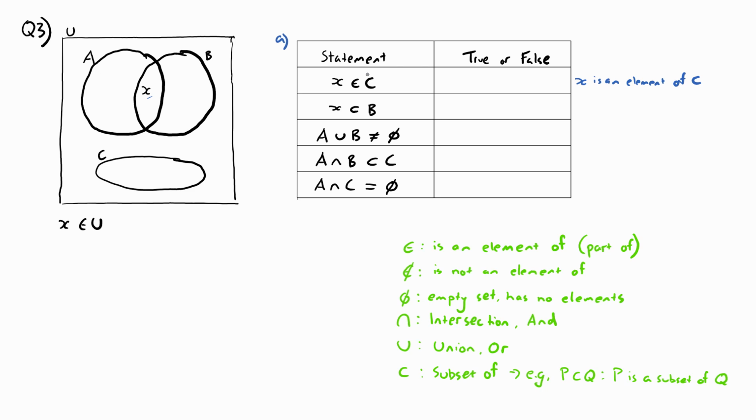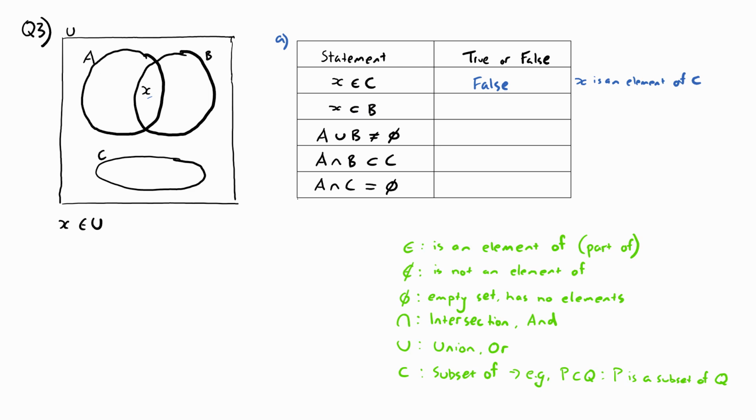Now let's see if this is true or false. Well, X does not live within the C circle, the squash circle. It's within the A and the B, but not C, so this is false. If there was an X down here, then that would be true, but it's not within that circle.